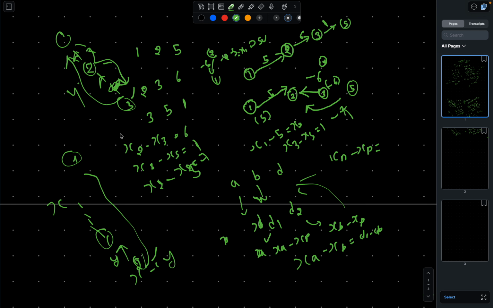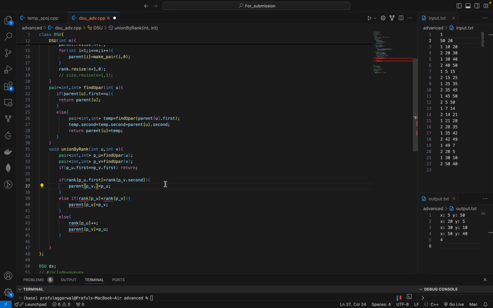Now we want to merge this one to this, so how do we do that? We just take the ultimate parent and merge it to this ultimate parent. Now they both are part of same set, right? So this is how we do that. Also here in union we will also have one more thing, which is the weight, because whenever there will be an edge we will also be given a weight x, right?